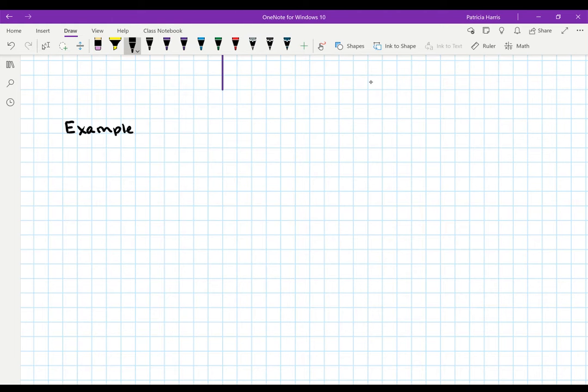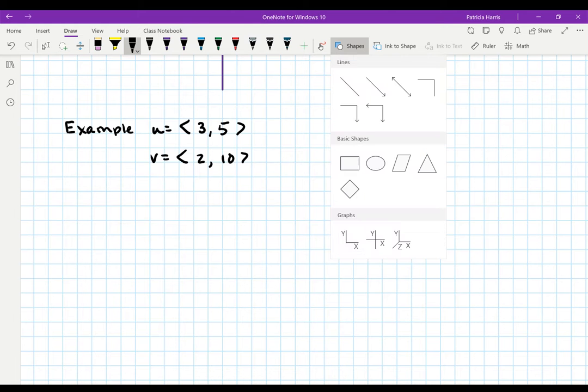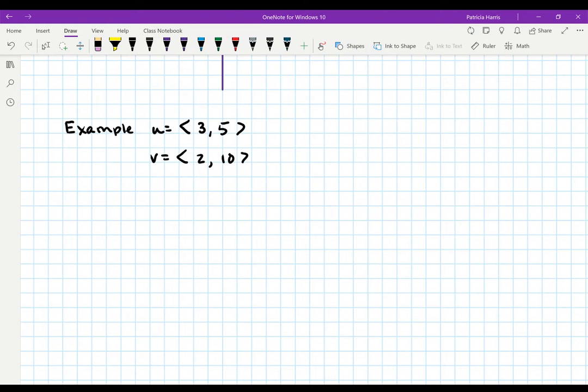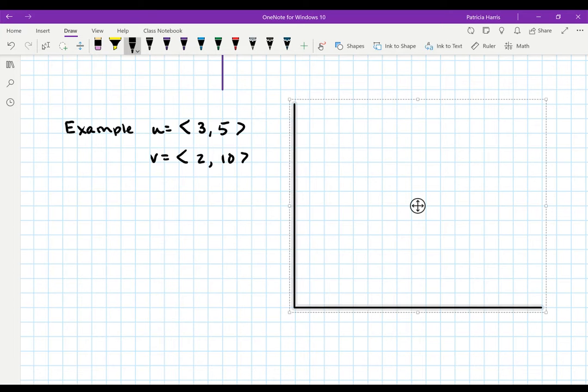Let's say u is the vector 3, comma 5. v is the vector 2, comma 10. So they're in component form. I might keep everything in the first quadrant, just to keep everything kind of nice.